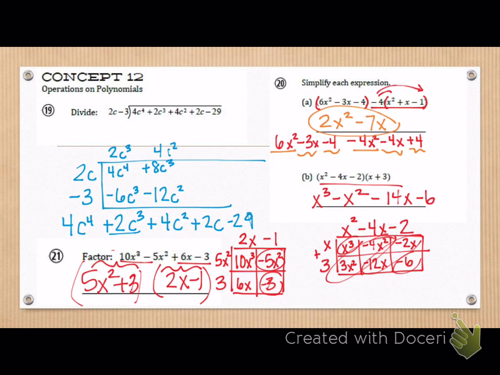And I need a positive 4, so that's going to be, what, a 16? So that'll be an 8c. And then I need a 2, so that would be a 26.